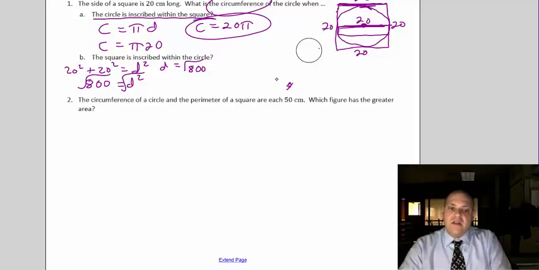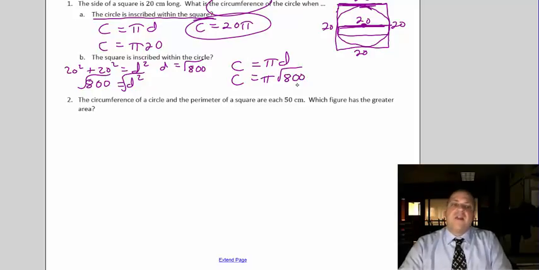We'll just leave it there for now. And then we want circumference. Circumference is pi times diameter. So it's going to be pi times the diameter, radical 800. All we need to do is simplify the 800. 800 breaks down to 400 times 2, and then 400 breaks down to 20 times 20, obviously, and there's a pair of 20s.